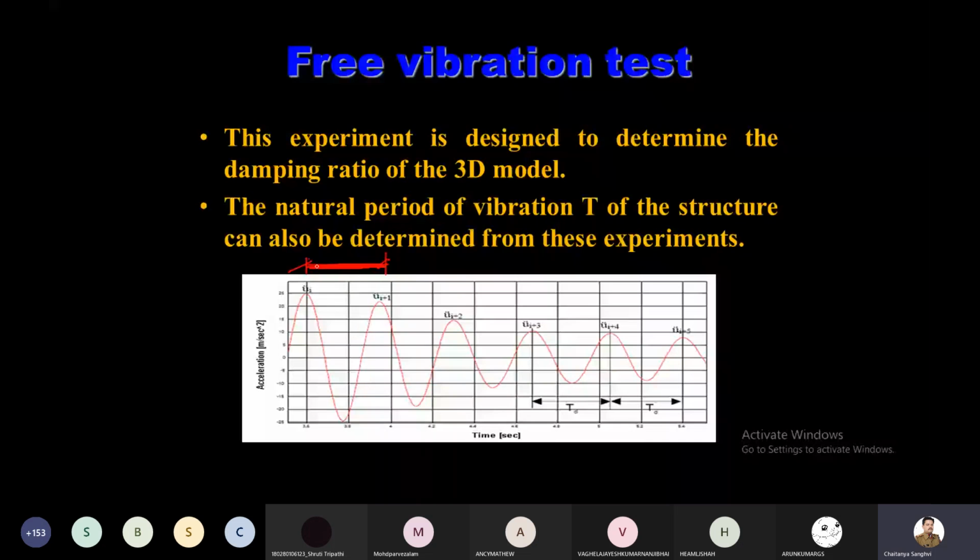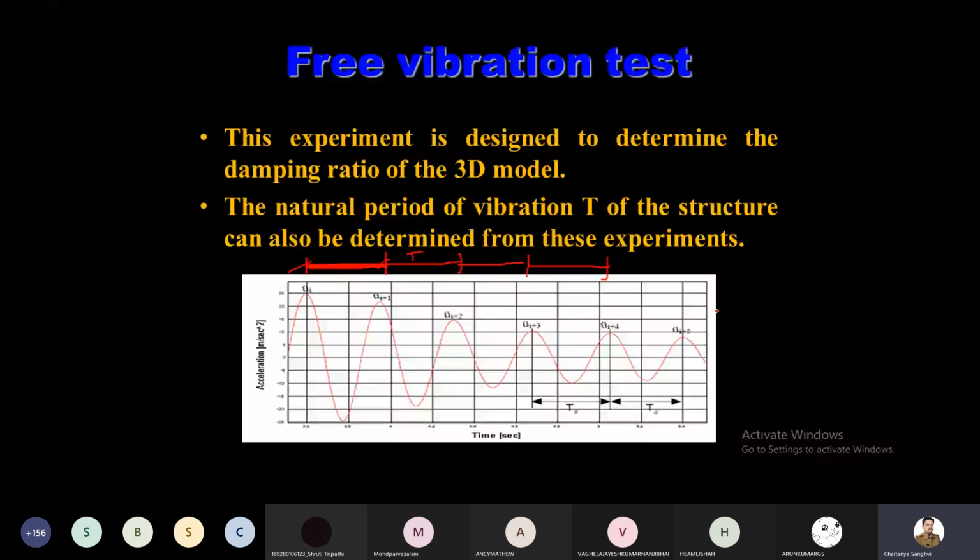This is also T. So this is the natural period of the building, and the natural period will remain the same. It is going to vibrate, and this T will remain the same. Damping is there, and therefore this displacement is reducing.